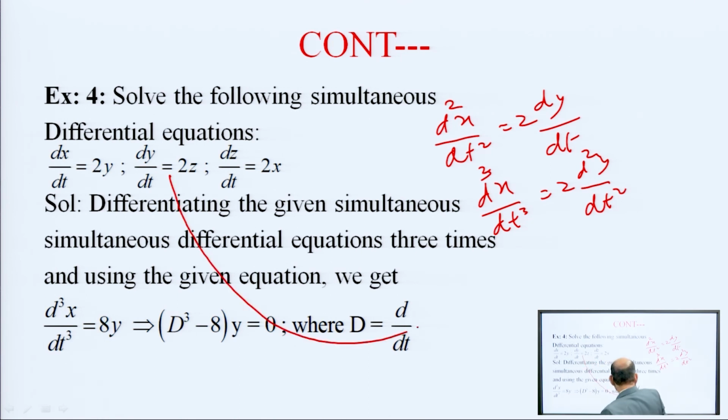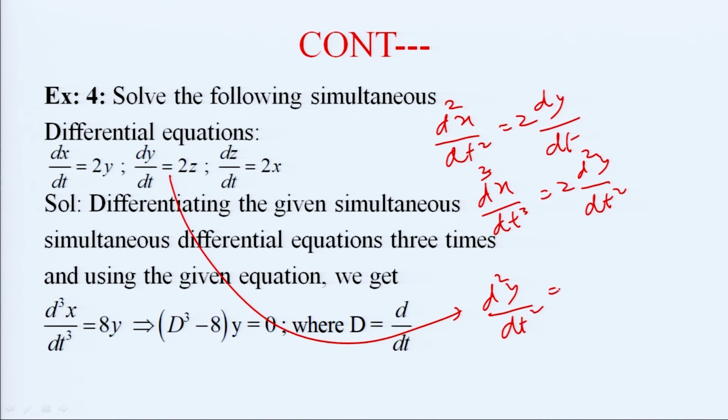Again differentiate it using the given equation: d2y by dt square is equal to twice dz by dt, and dz by dt is twice x, means it is 4x. 4 into 2 means d3x by dt cube is equal to 8x.